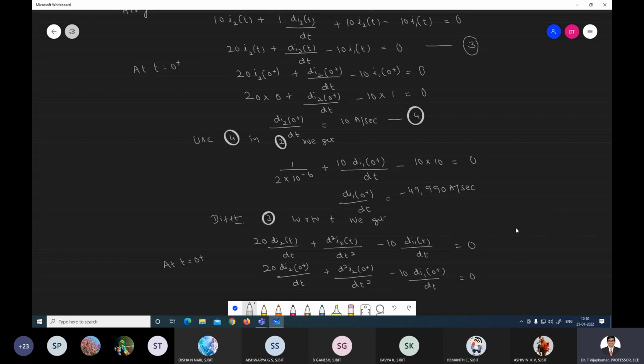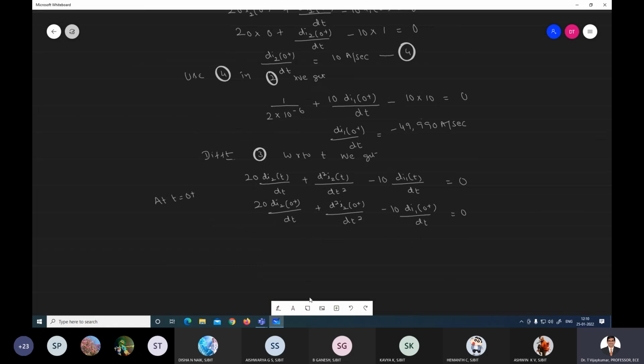Substitute all the values and find out what is d square i2(0+)/dt square. In this expression, find out d square i2(0+)/dt square.